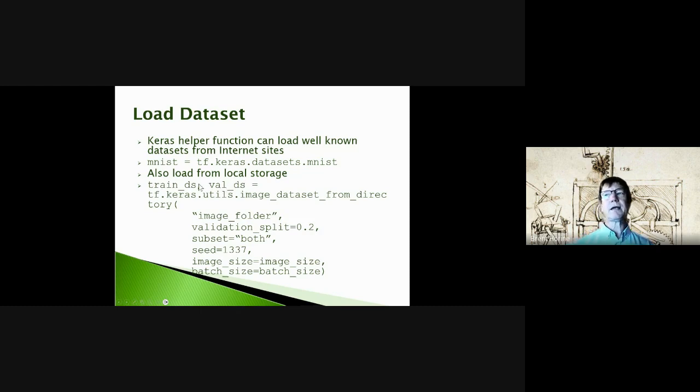It's a little bit like MATLAB here, this Python idiom. In MATLAB, if you wanted to return multiple values from a function call, you would put square brackets around them. Here, we just separate them by commas. Right? So if we didn't put comma val underscore ds, then we would only get the training data set.